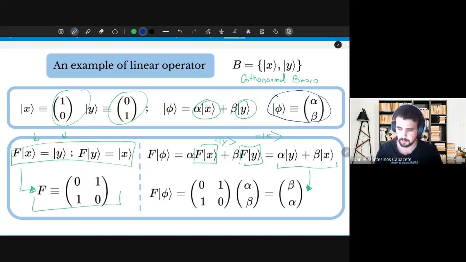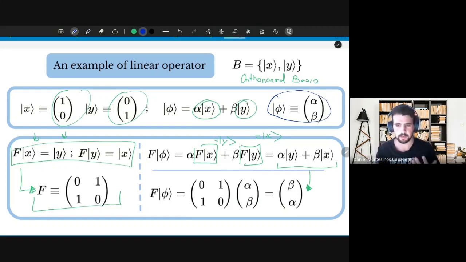Just in case, you multiply this with this, so it will be alpha times 0 plus beta times 1, so it will be beta. And also this multiplied by this will be alpha times 1 plus 0 times beta, and it will be alpha, right?